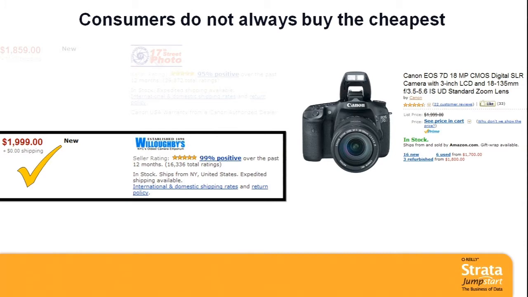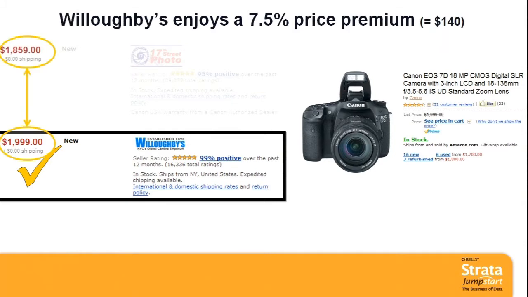Interestingly enough, Willoughby's is selling exactly the same product. A Canon EOS 7D, new packaging and so on, both shipping from New York, same taxes, same shipping. They are willing to pay 7.5% higher in order to get this product, which is approximately $140 more. So we're looking at that and say, well, why does this thing happen?